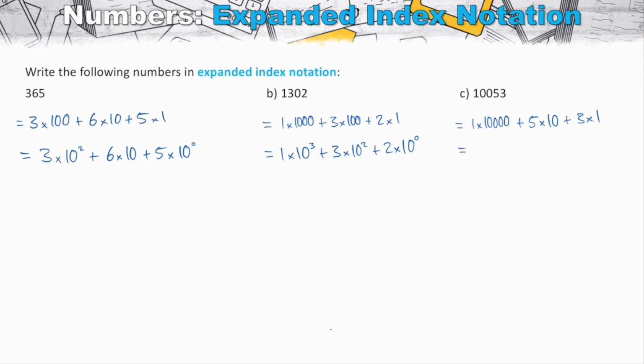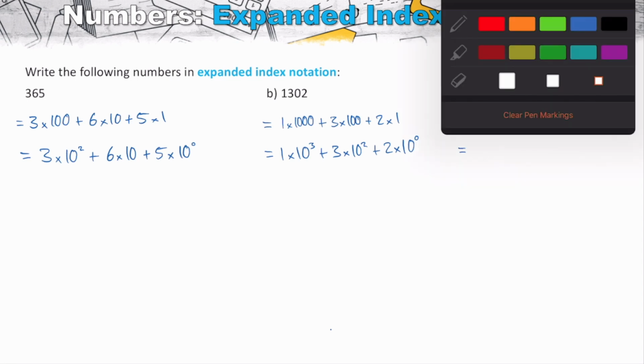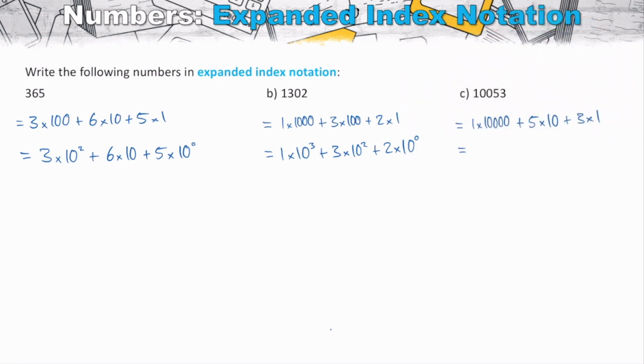Now, if we have a quick look on here, our 10,000s column is 10 to the power of 4. So when we write that in index notation, this will be 1 times 10 to the power of 4. Our 10 is just 10 to the power of 1, or just 10, so this will be plus 5 times 10.